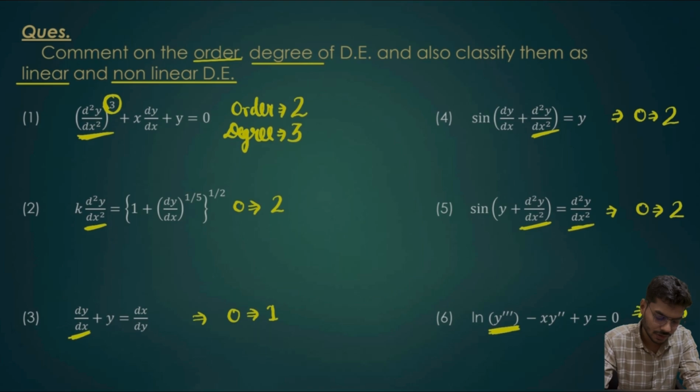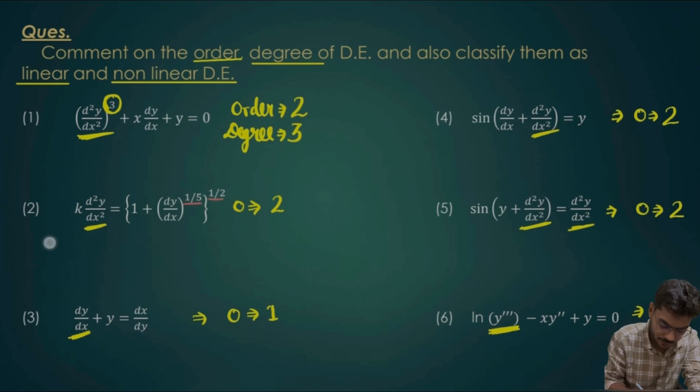Next one. If you notice, in this question we have radical powers, right? How to remove this radical power? I will do the whole square. If I do the whole square, what I will get? I will get something like this.